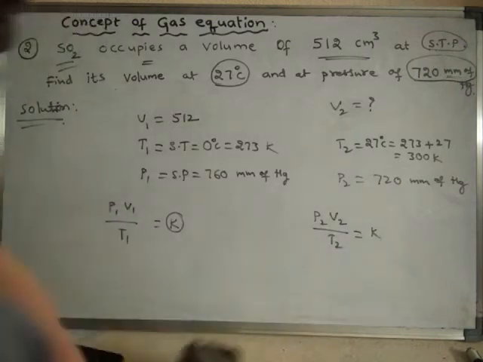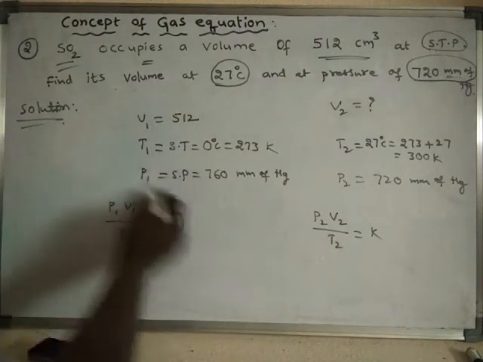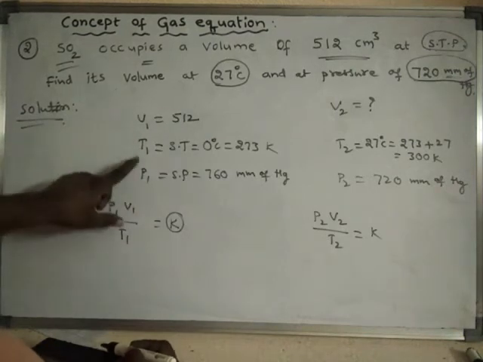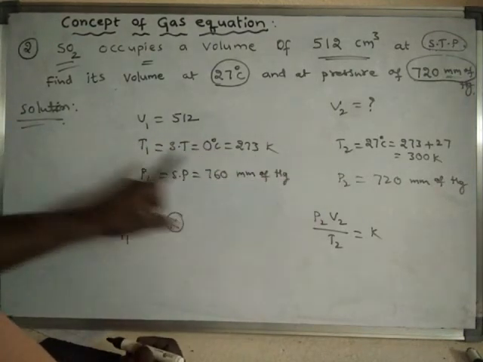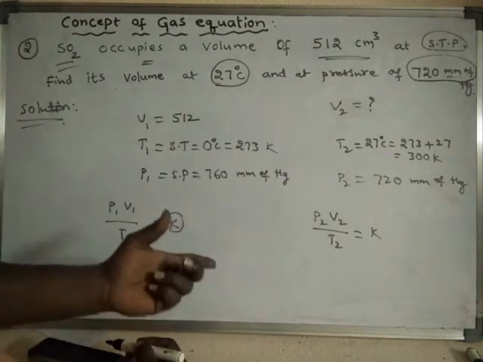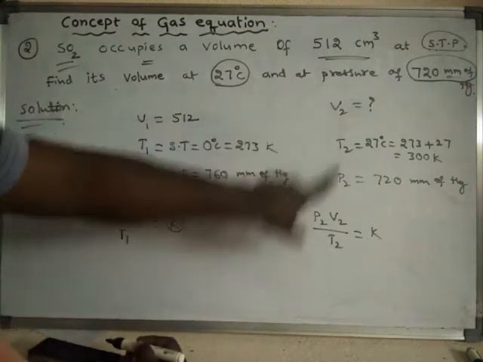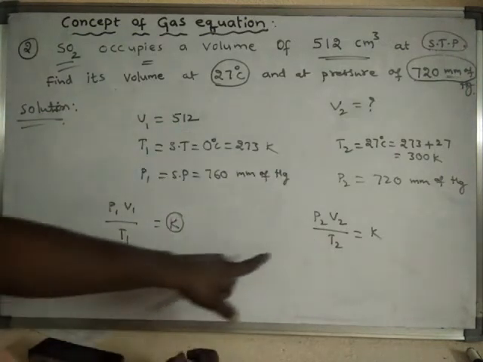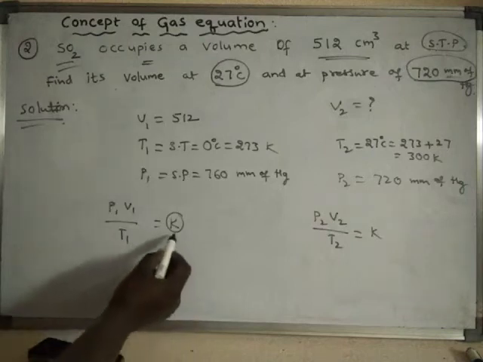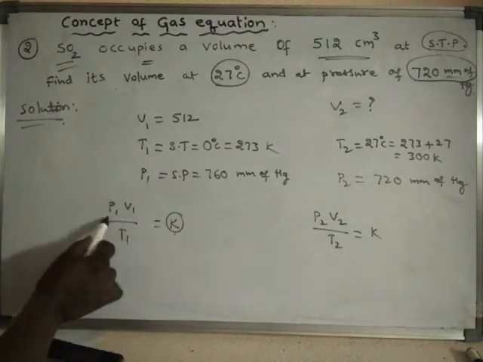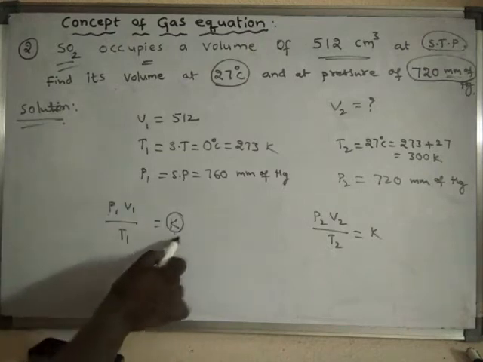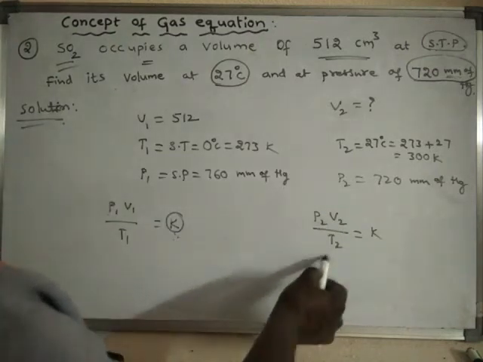The same value we should get, because for the same amount of gas, when the temperature and pressure conditions are changed, then volume will also change. So the volume is changed in such a way that it will fulfill this equation. That means the initial conditions of pressure, volume and temperature will be equal to the final conditions of pressure, volume and temperature.